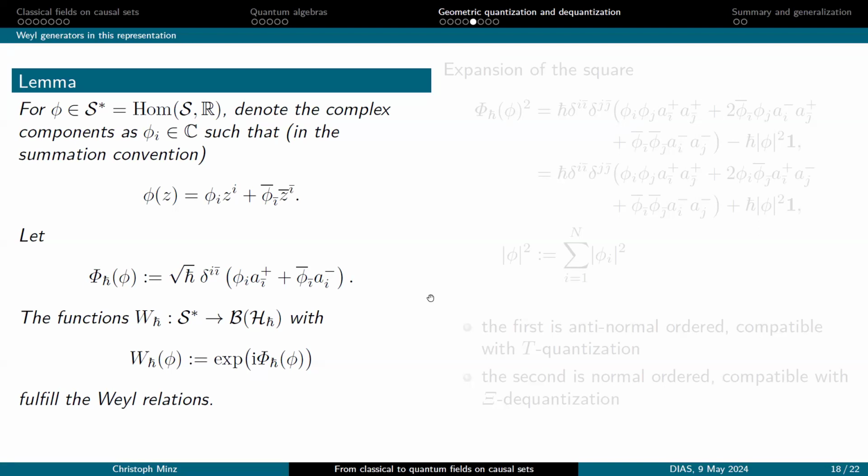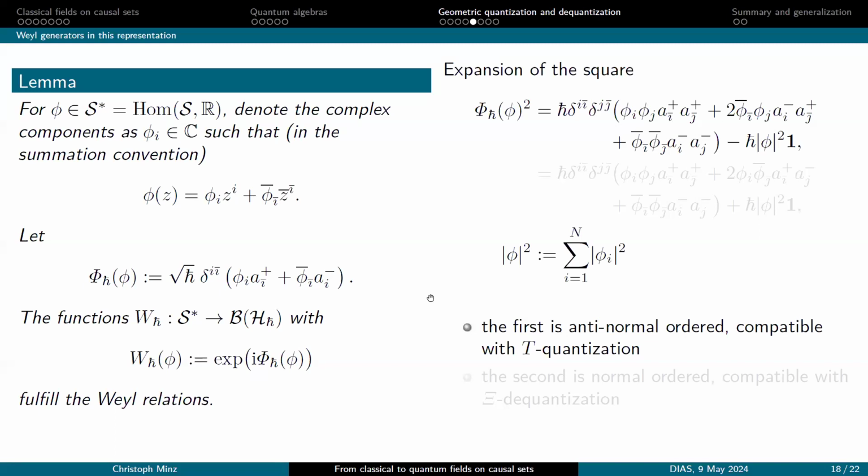We just use these components there, and then we can define this more abstract symbol capital phi here with the Dutch operators that we had on the few slides before. And with this abstract symbol, we can actually define operators that in fact fulfill the Weyl relations. And then if we now want to evaluate the quantization map on these Weyl generators, for example, then we need powers of this abstract symbol.